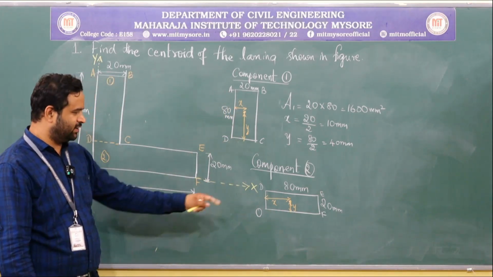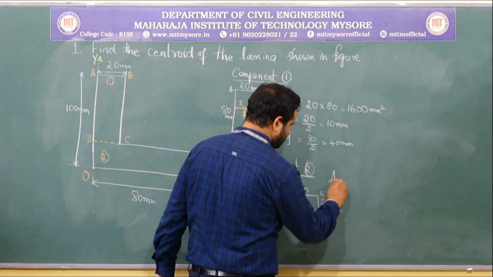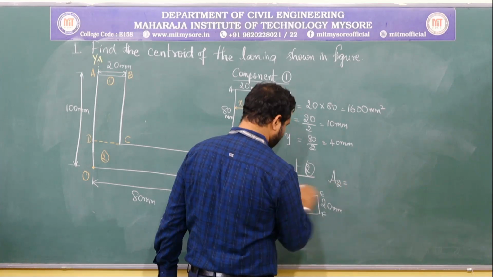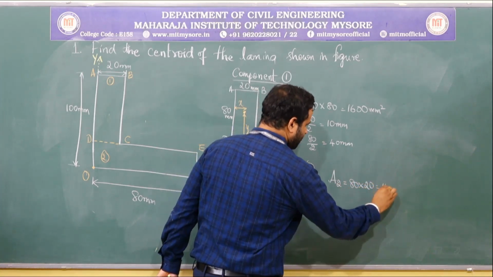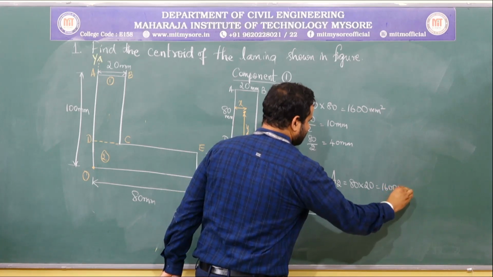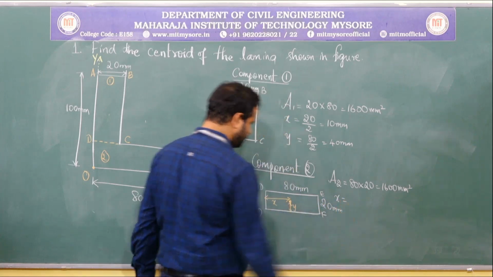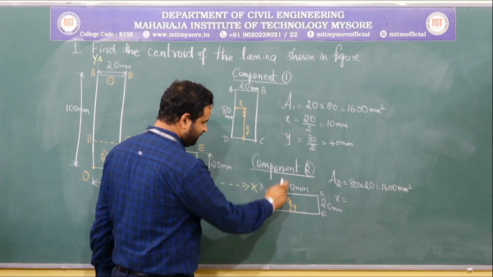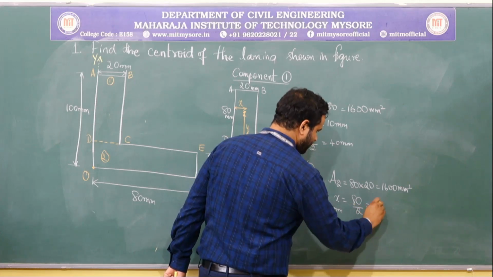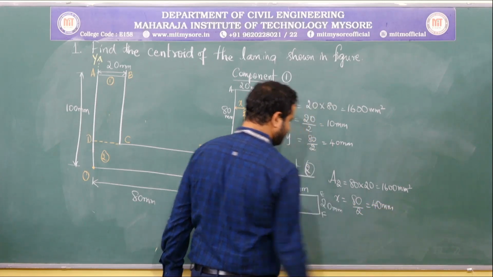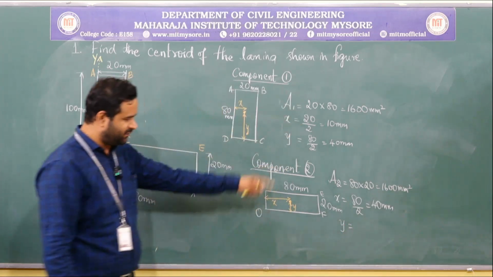Okay, so if I try to write the area of component 2, A2 will be equal to 80 by 20. Again it is 1600 mm square, and x is equal to half of 80, 40 mm, and y value half of 20.